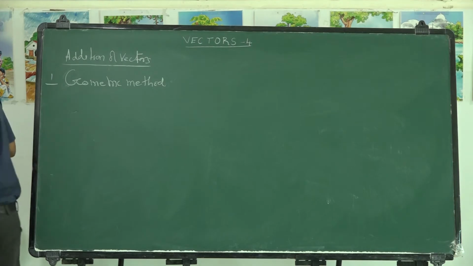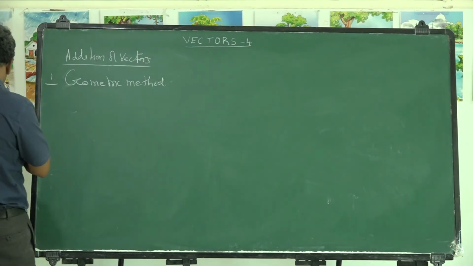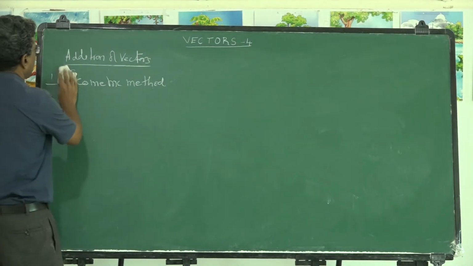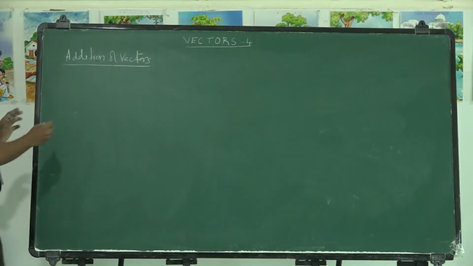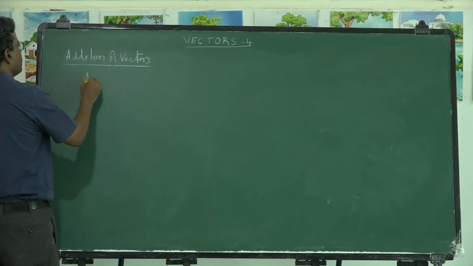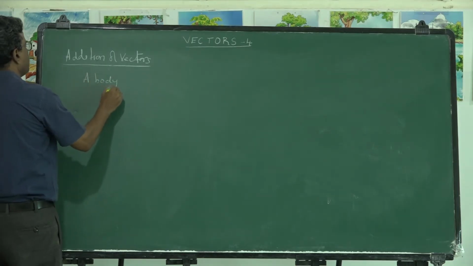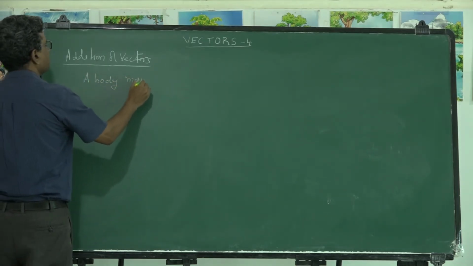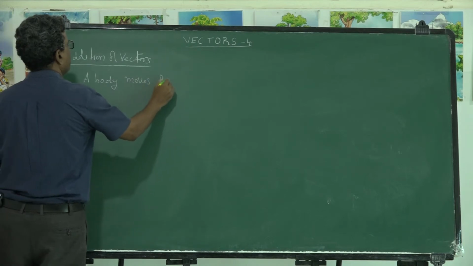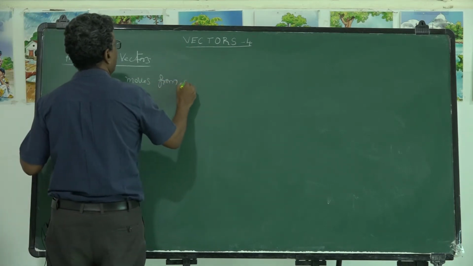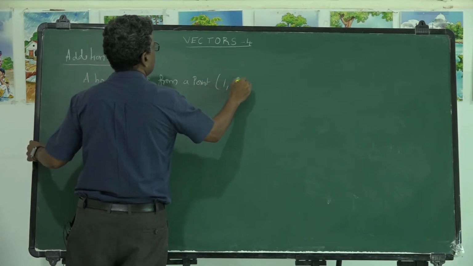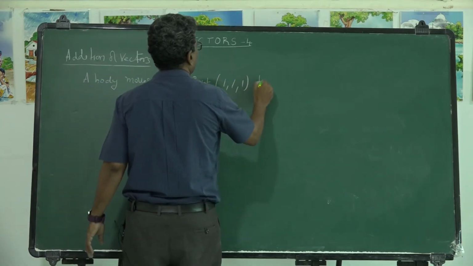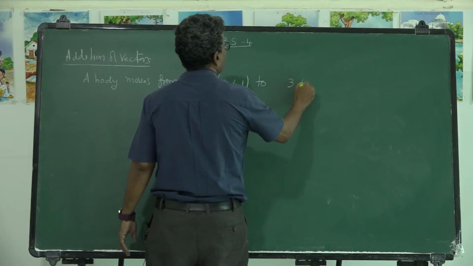Based on this, we are going to do a problem. A body moves from the point 1, 1, 1 to 3, 4, 5.